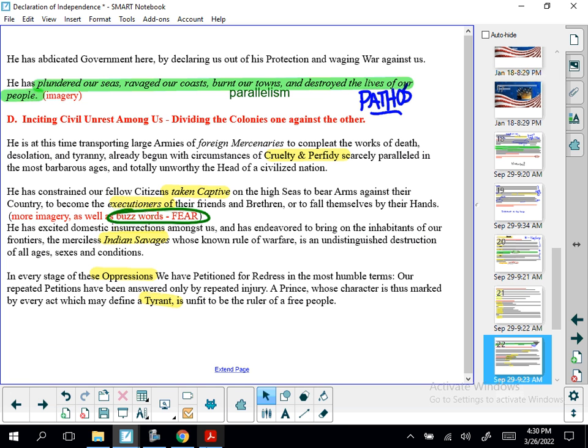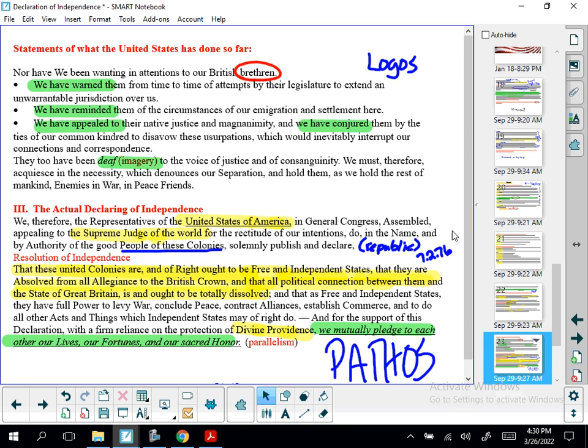I just noticed one with like works of death and desolation and tyranny, barbarous ages, warfare, and injury. And so all of this little section is so much pathos. And remember, a pretty good standard way to do an essay is that you set up your ethos, you set up your logic, and then you bring it home with this pathos, and it keeps going.